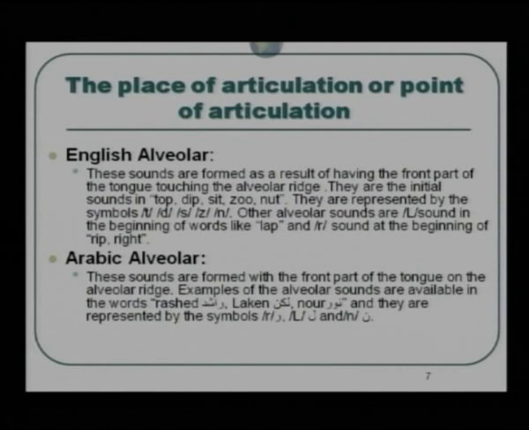We also have alveolar in Arabic. So we have, for example, the r sound, the l sound, and the n sound. These are the only alveolars of Arabic, the r, la, and we have na.